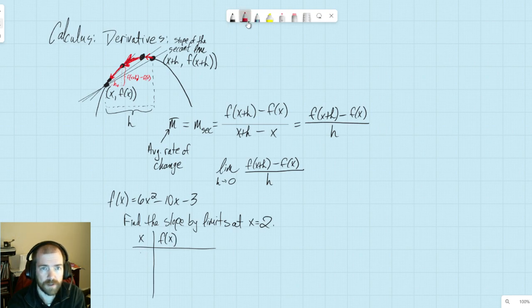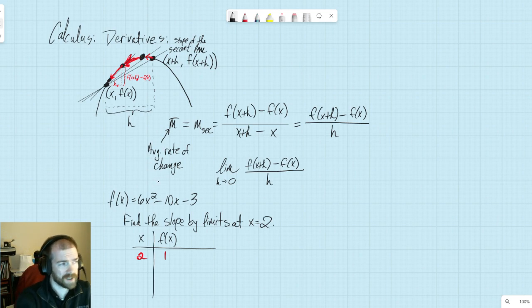So at x equals 2, we plug in: 2 squared is 4, times 6 is 24, minus 2 times 10 is 20, so that's 4, minus 3 is 1. This is going to be our anchor point, the one that's anchored up top, our x comma f of x: 2 comma 1.